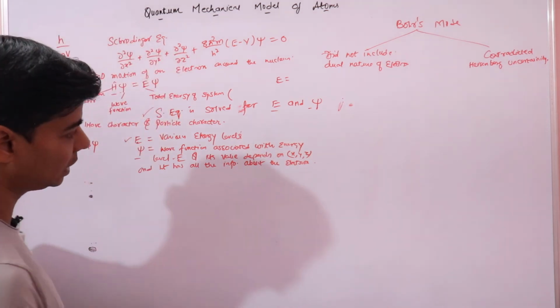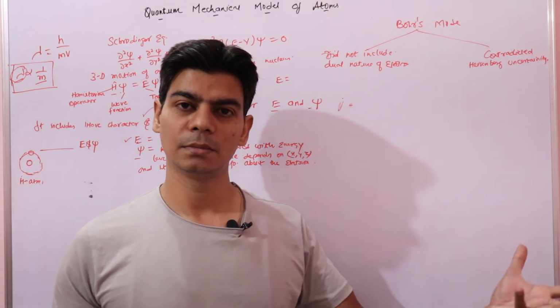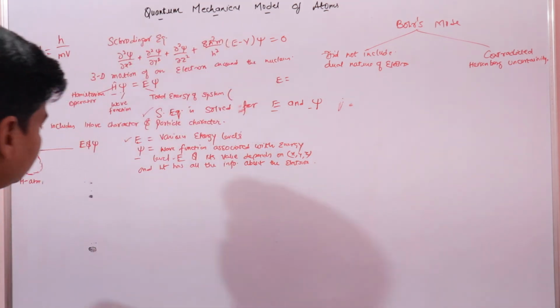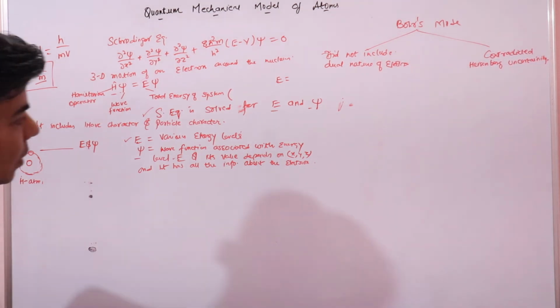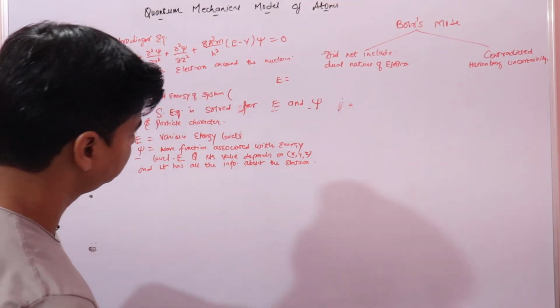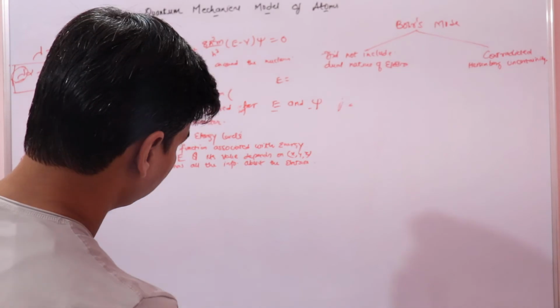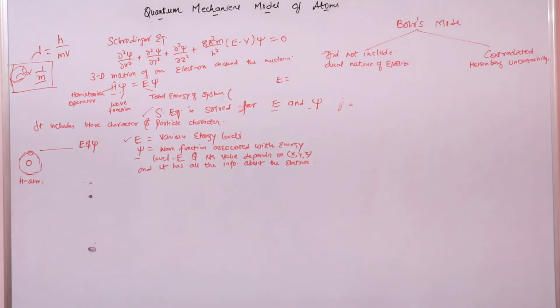And later you will see that this psi is nothing but your orbital, right? So this is a really important concept. So psi gives you the information regarding the electrons that are present in the energy levels, right?